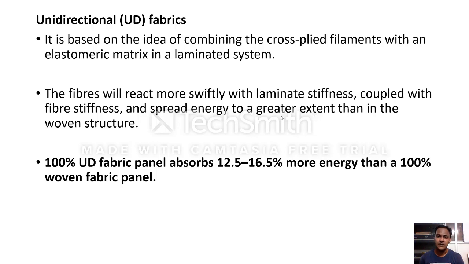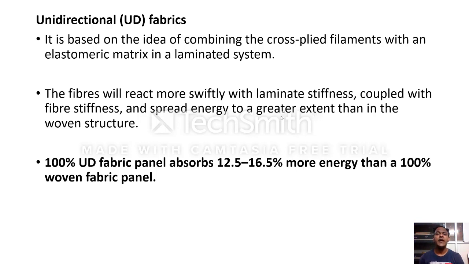a laminated structure. The advantage here is that unidirectional fabrics do not contain the crimp, which is normally observed in woven fabric. Because of the absence of crimp, the fibers will react more swiftly, with the laminate stiffness coupled with the fiber stiffness, so the energy absorption will be much greater compared to the woven structure, which is very advantageous.